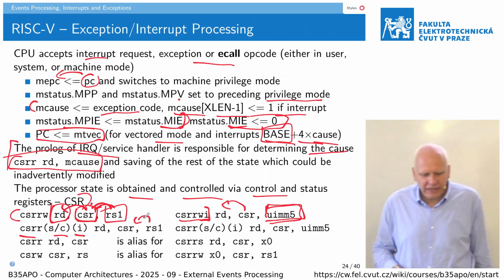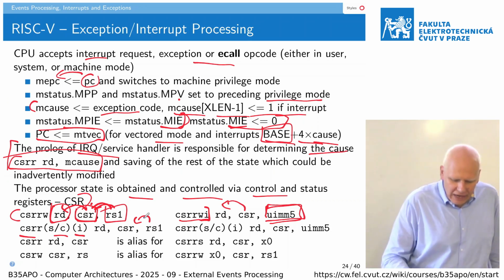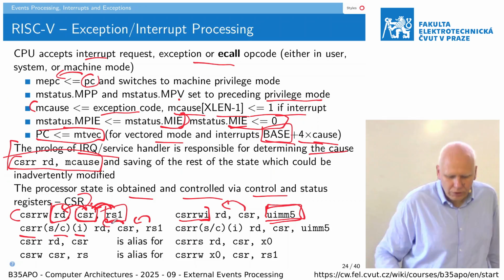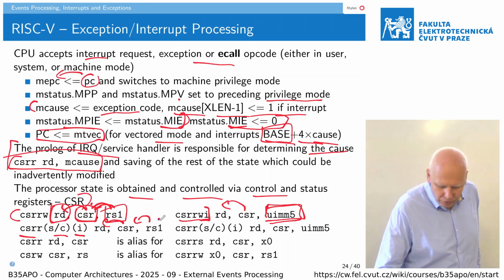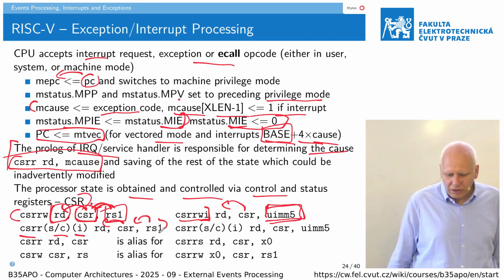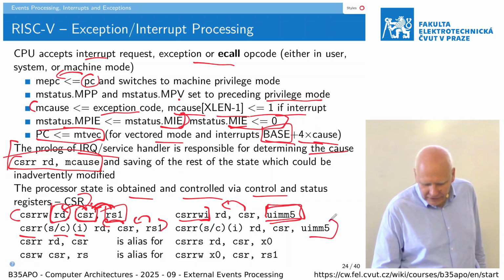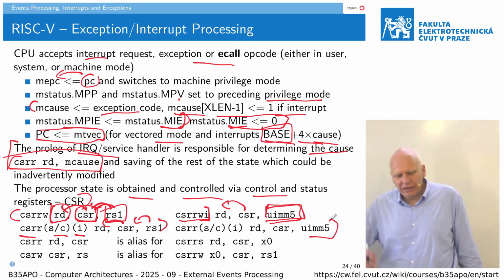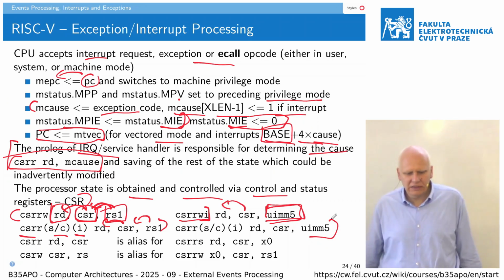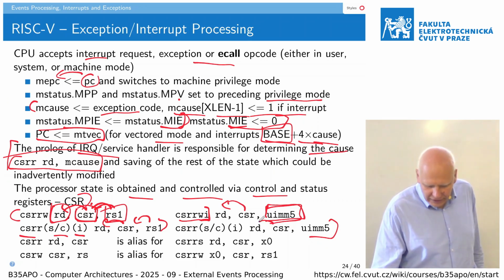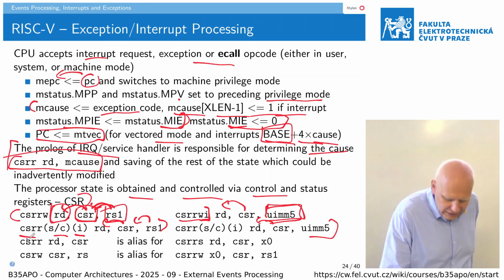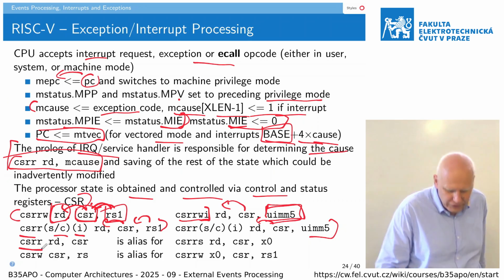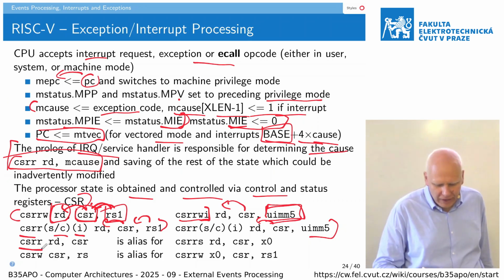So this way we can, for example, say I want to read the previous value of the interrupt enable and clear that specific bit according to the value in some register. Or you can say with that 5-bit mask, I want to clear that exact bit in the register and read the previous value.